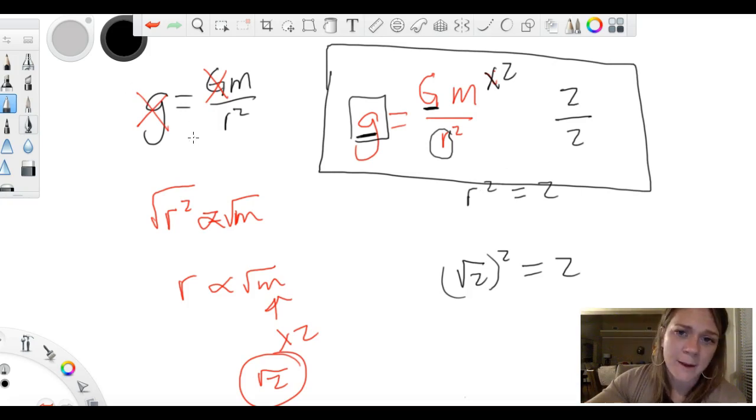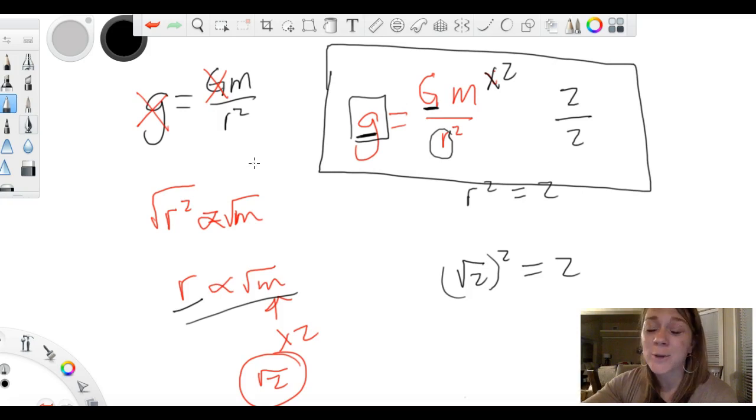So if you like to think bigger picture, you can play with it this way, or you can do it the way where you get it down to a proportionality in one variable, eliminating the things that do not change, creating your proportionality, then solving for what they're asking you for. Either way works. You can also plug in a value for G, a value for M, a value for R. You could plug in 6.67 times 10 to the negative 11 for G, and you could make up any mass you wanted.